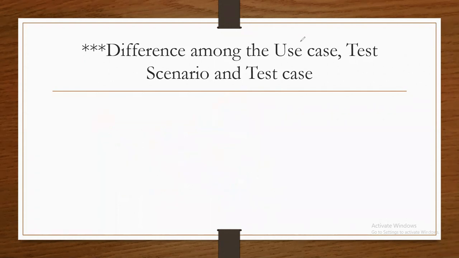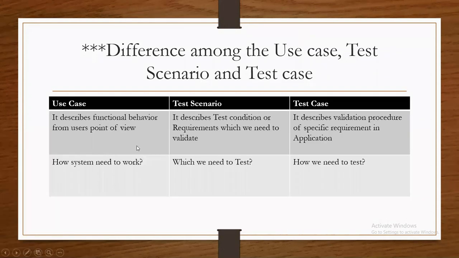This is simple to understand as I explained, but in an interview we have to say it like this. Use case, test scenario, test case. A use case describes functional behavior from the user's point of view. Whereas a test scenario describes a test condition or requirement which we need to validate.